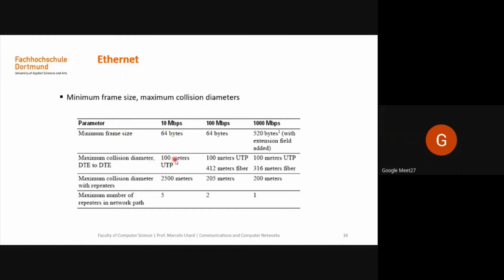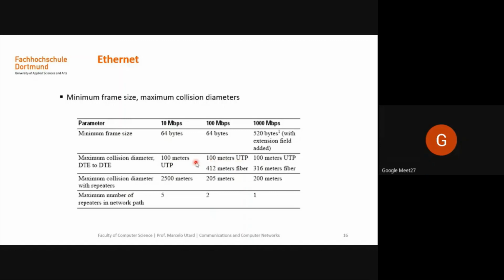Then after that, we need to respect those maximums in order to avoid, for instance, collisions that couldn't be detected by all the stations, and we need to respect those limitations in order to avoid the loss of signal power due to, for instance, the propagation phenomena across the different segments.